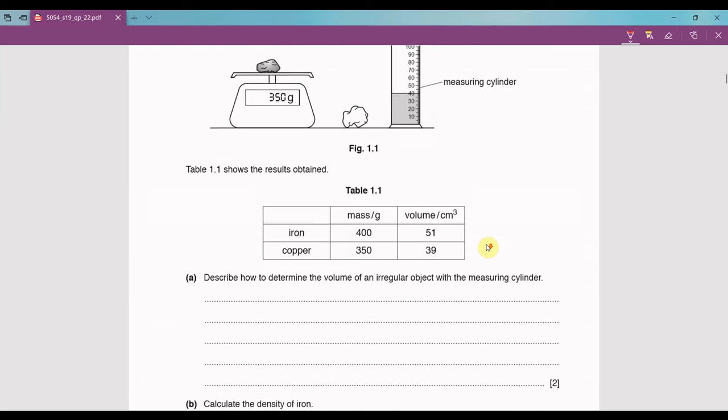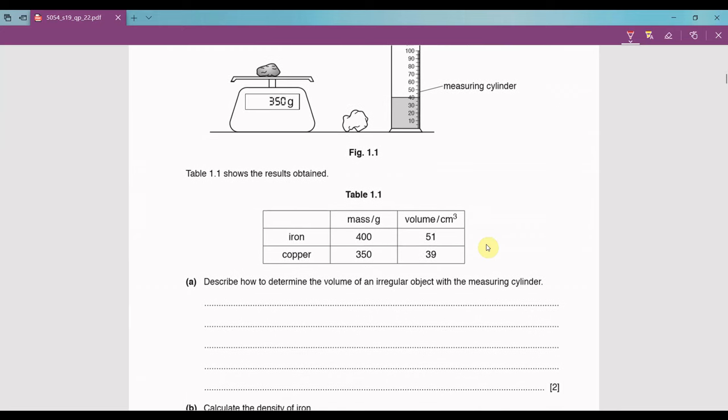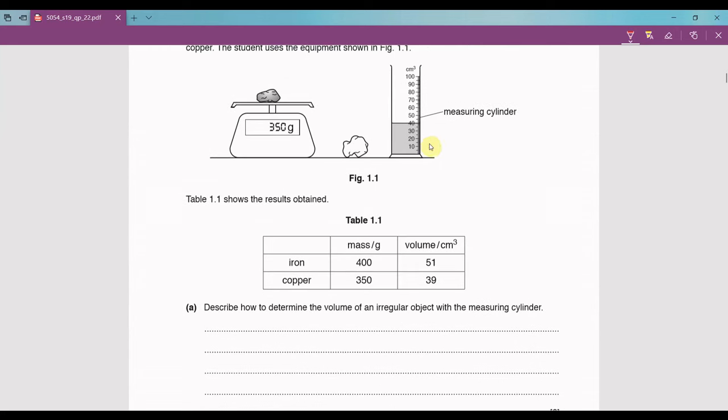Part A reads, describe how to determine the volume of an irregular object with a measuring cylinder. As we just discussed, we use the displacement method. First you'll have your measuring cylinder with just the water filled halfway, and you don't want to fill the cylinder all the way to the top. You need to leave some space for the water to rise, and then you take the reading, and let's call it V1.